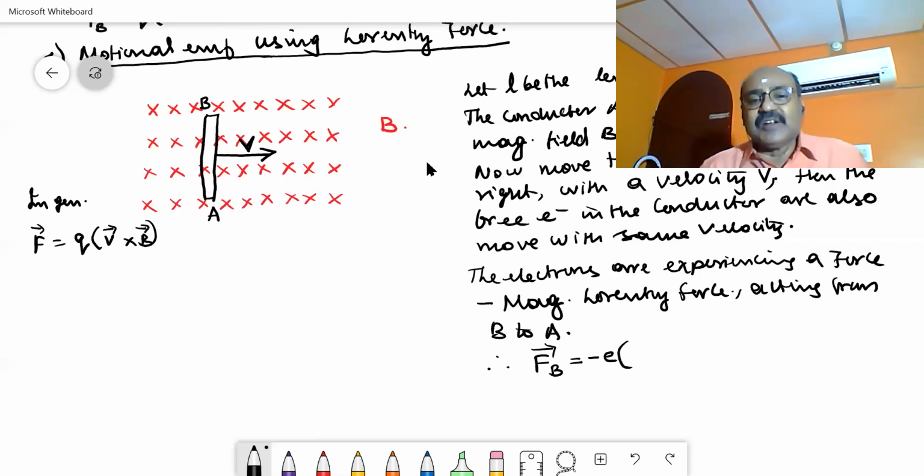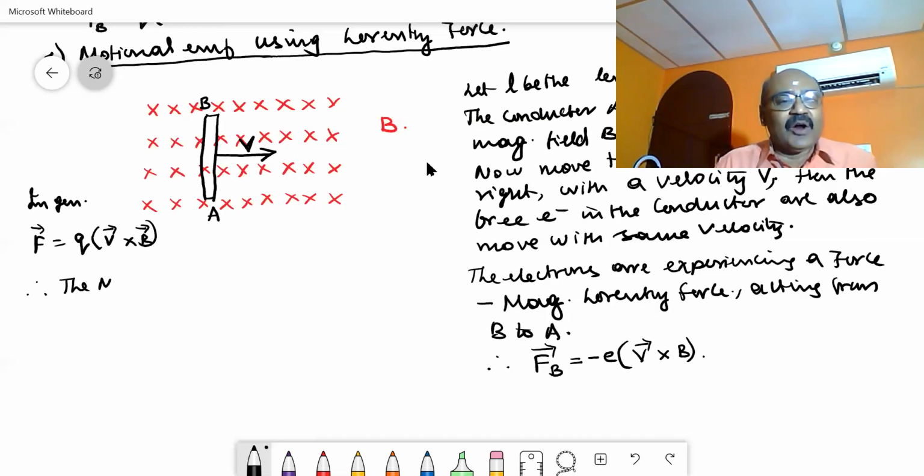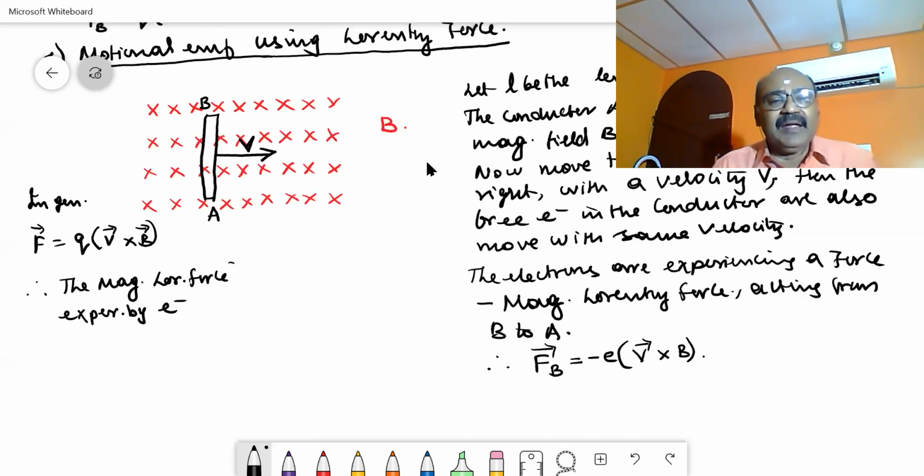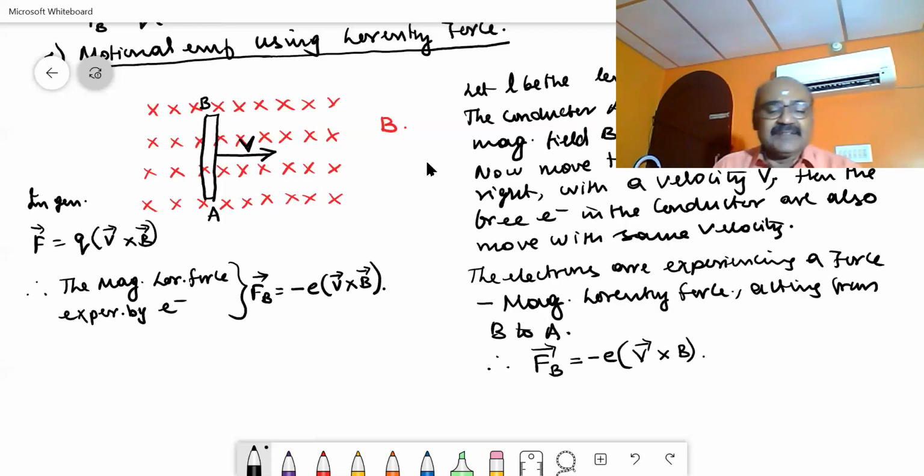The velocity with which the electron is in motion is V vector, and the magnetic field is B. Therefore, the magnetic Lorentz force experienced by the electron is given by F_B, a vector quantity, equal to minus e into V vector cross B vector. This we call the force experienced.